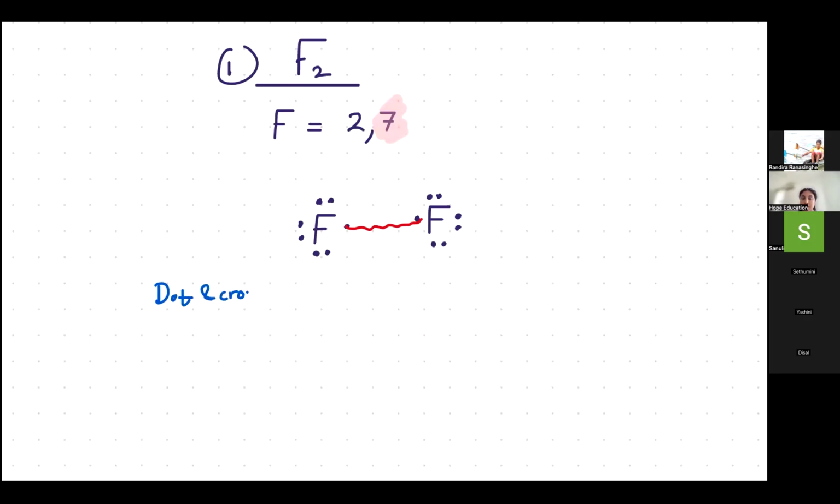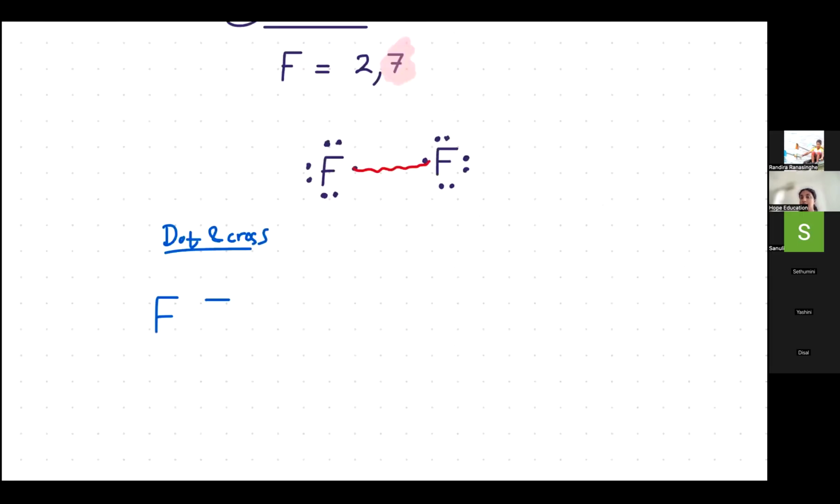In dot and cross, I draw one atom with dots and the other with crosses. So here, lone pair, another lone pair and another lone pair. And here again there are 3 lone pairs. I will use crosses: one lone pair, second lone pair and third lone pair.